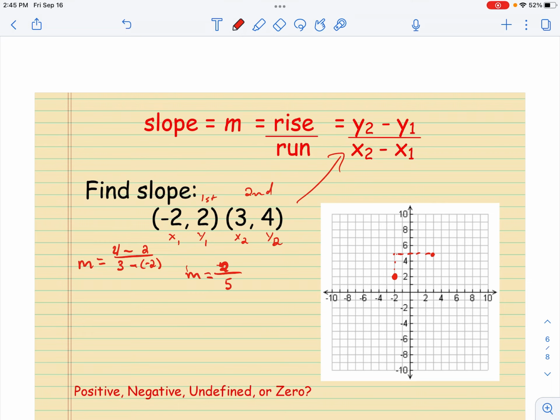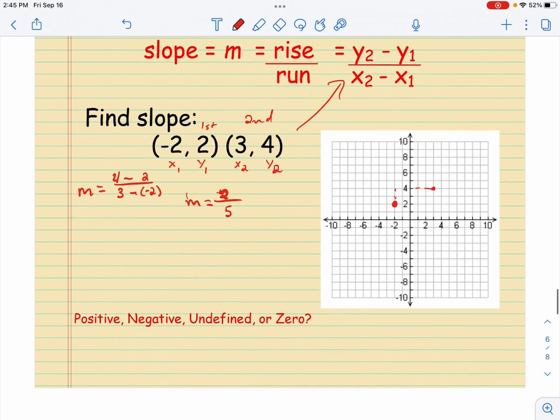So I'm getting 3 over 5. So there's something off there. I graphed my first point at -2, 2. That checks out. And then this one is, oh, yes, because I went to 3, 5. My second point I plotted wrong. Should have been there, which is 2 up and over 5. So that all checks out, 2/5.